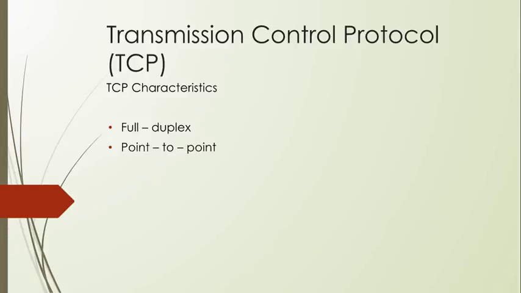In the channel, data can travel from and to at the same time. Then it is point-to-point. In the transmission process, every destination has a specific source.